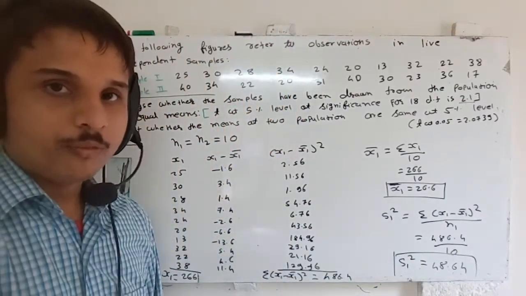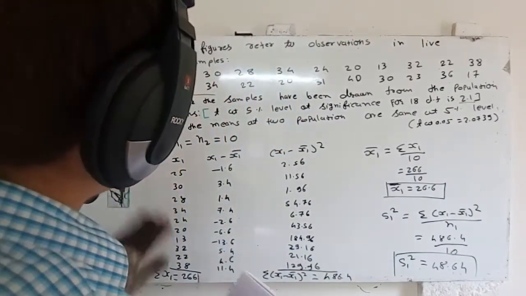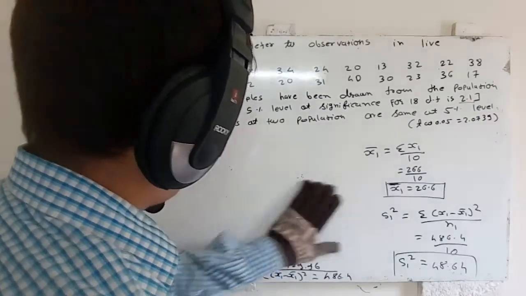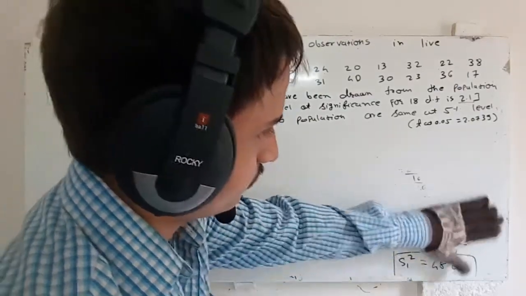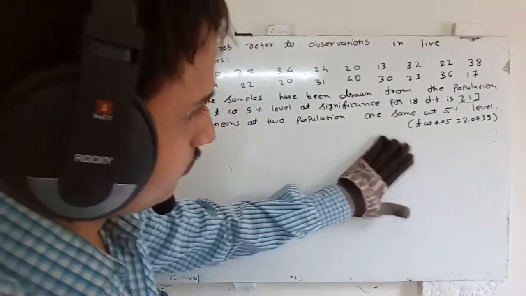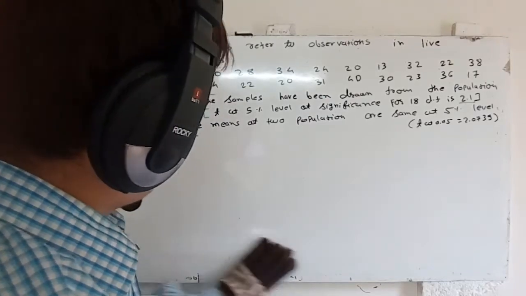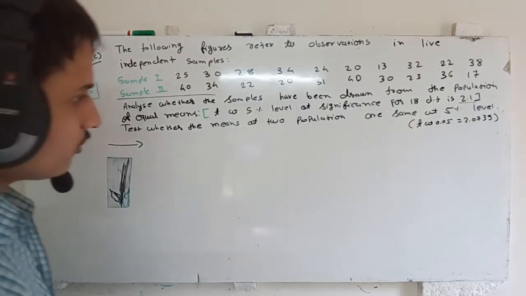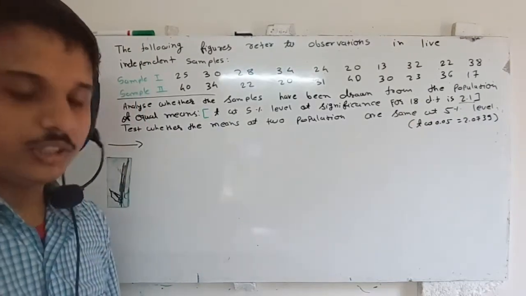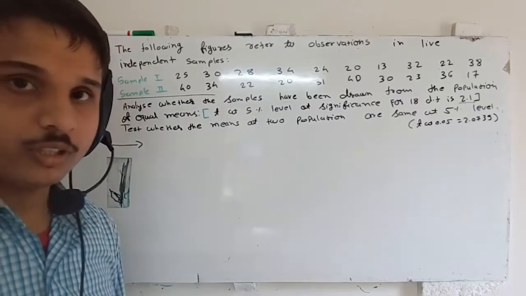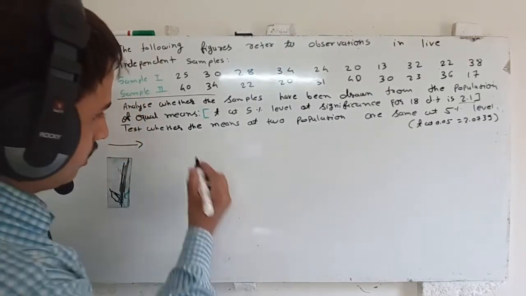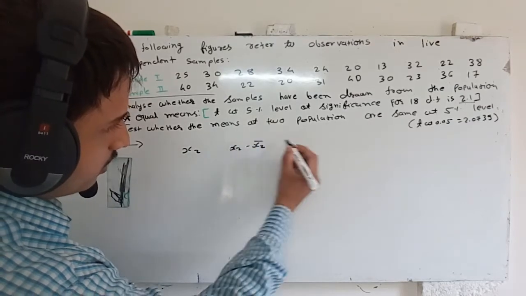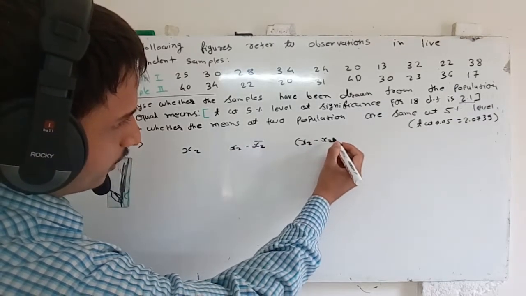Now we will follow a similar procedure for sample 2. So for sample 2, if you follow the similar procedure, you write a table for sample 2: x2, x2 minus x2 bar, x2 minus x2 bar whole square.